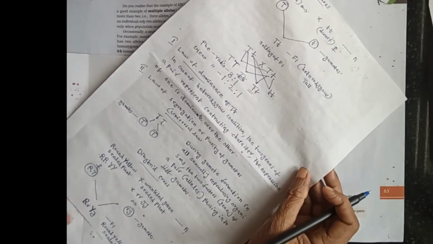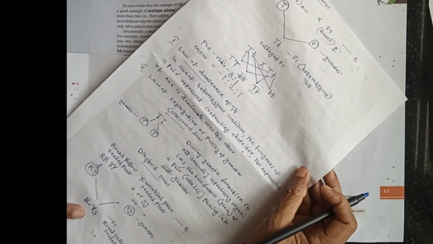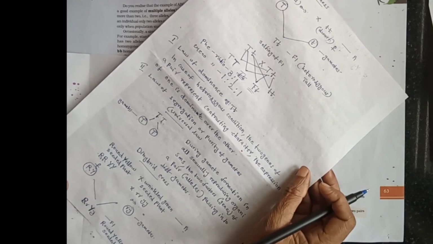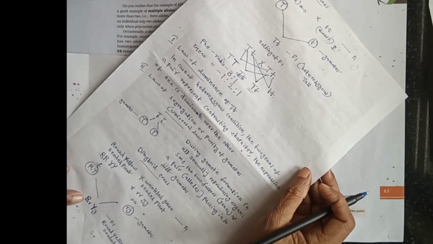Selfing means, this is also a bisexual flower. The pollen grains of this plant are dusted on the stigma of the same flower. That is selfing.